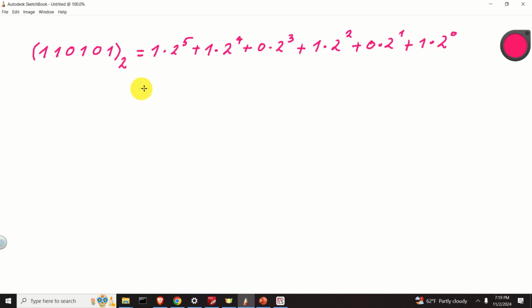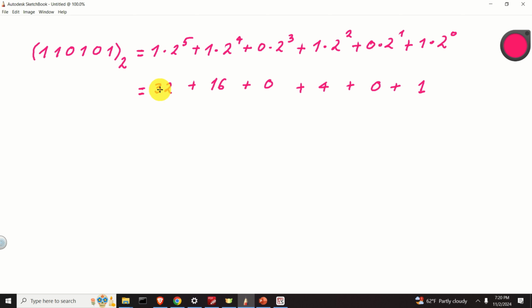And let's calculate what do we have over here. We have 32 over here, then here we have 16, over here we have 0, over here we have 4, over here we have 0, and finally over here we have 1.